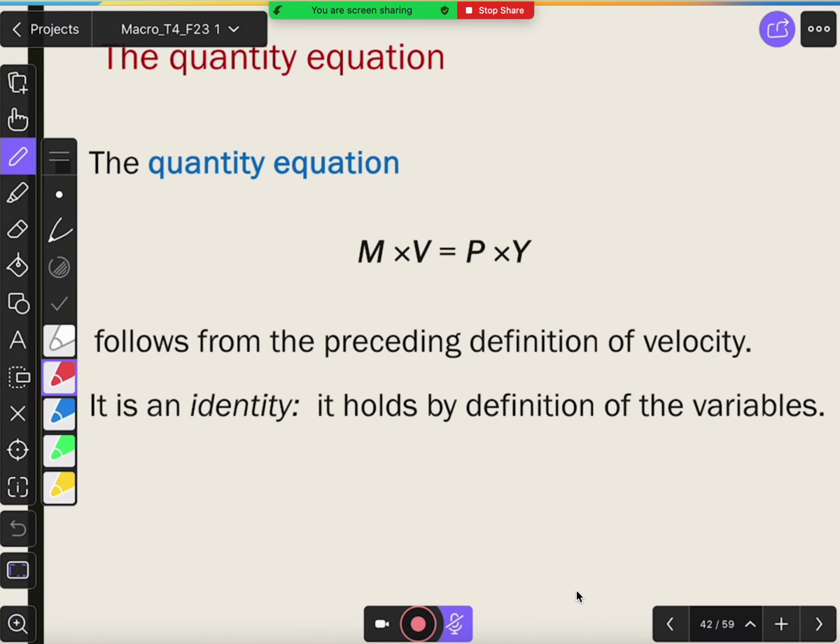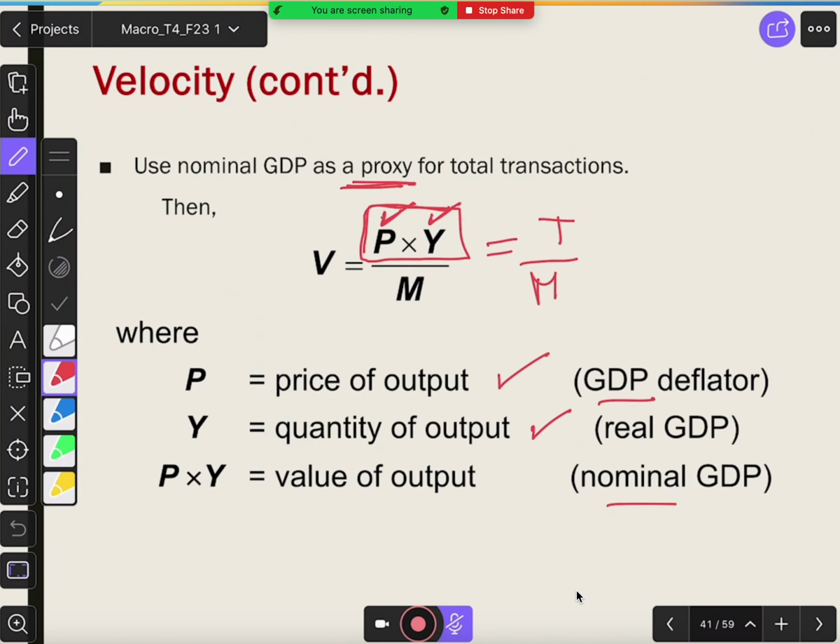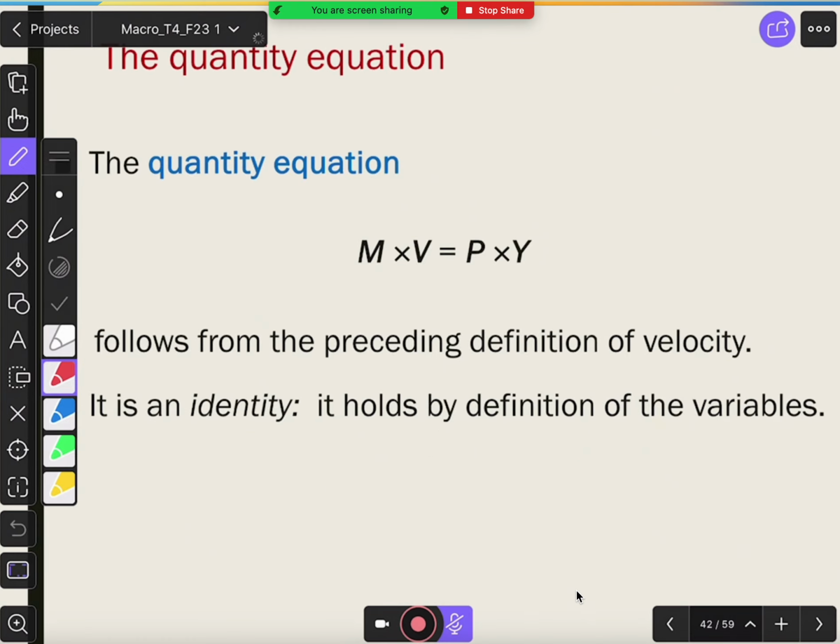So when you think about this equation, right, it has how many variables? 1, 2, 3, and 4. We have 4 variables. So we can rewrite the 4 variables in terms of M times V, P, Y, right? So it's simply velocity is equal to the value of transactions divided by the money supply.